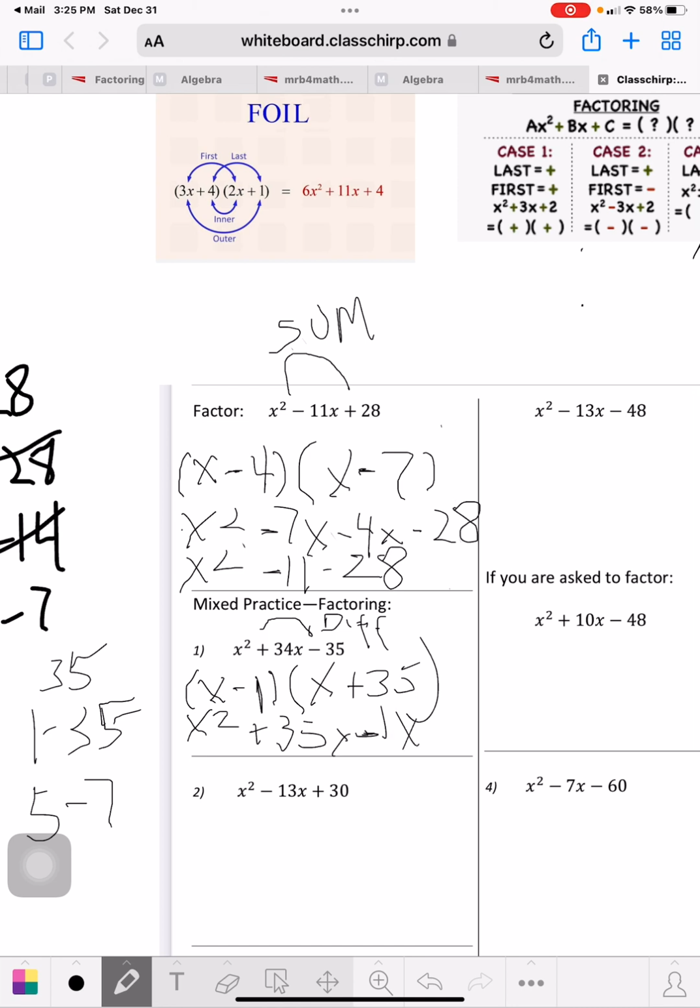And then the last is a negative 35. Combine like terms. We're going to come down with an x squared. Positive 35 minus that is a positive 34, which is what we're looking for. And it's a negative 35. And that's all there was to it.